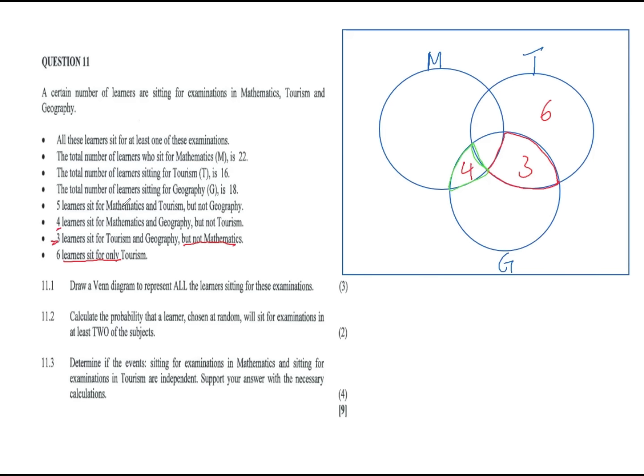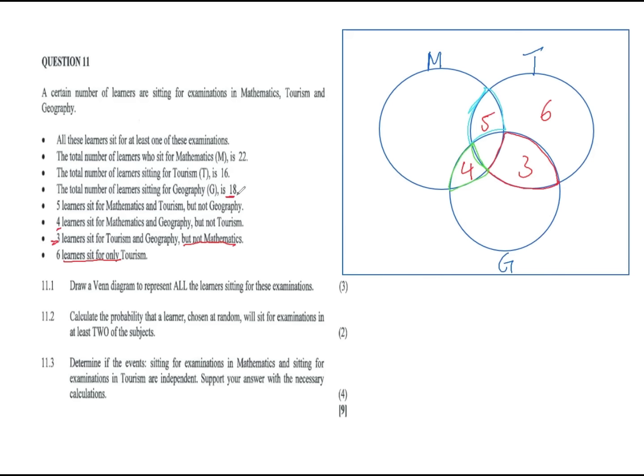And then 5 learners sit for mathematics and tourism, but not geography. So mathematics and tourism, but not geography, would have to be represented by this part here. So that's how many learners? 5 learners. Right. Then they say the total number of learners sitting for geography is 18.